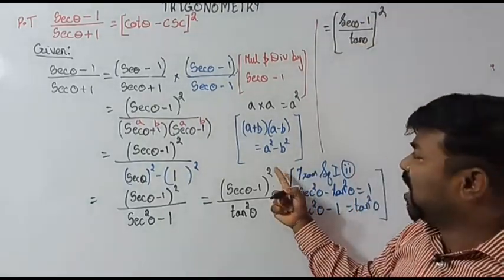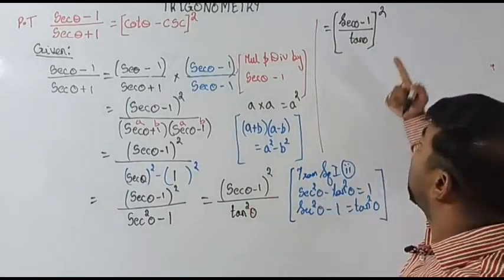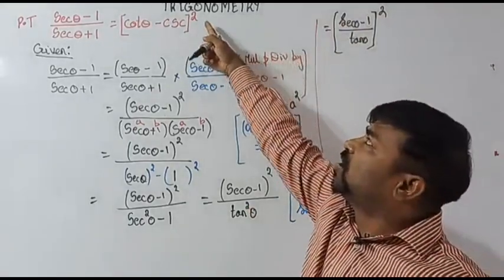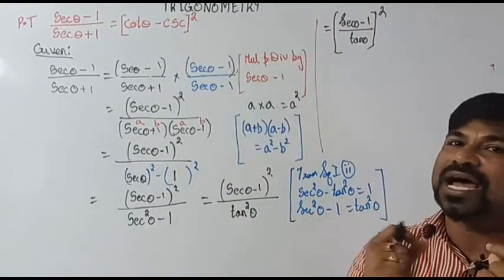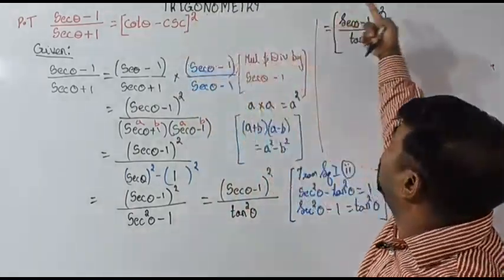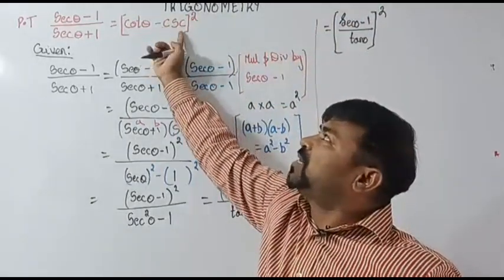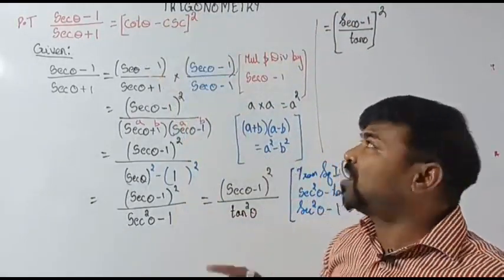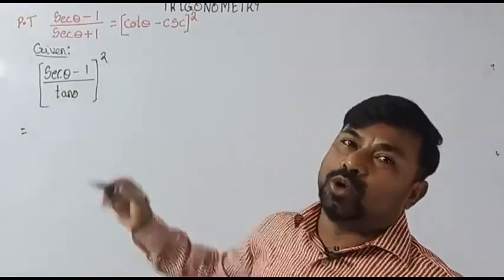If you observe, we have a square here and also a square here, so I made it a whole square. Why? Because we need the whole square there. Now I check the other part. Do we have any denominator here? We don't have any. So we have reached the point secant theta minus 1 by tan theta whole square.